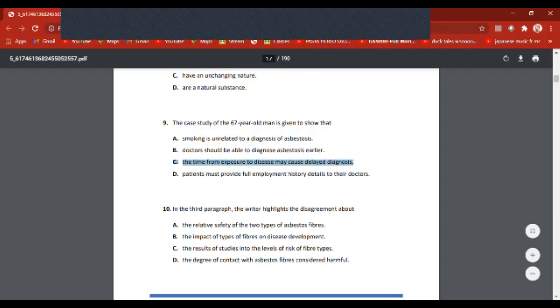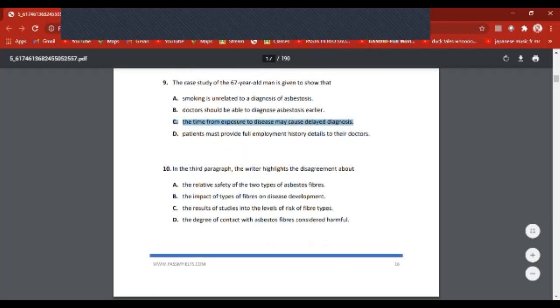Now let's go to the third paragraph. The writer highlights the disagreement about something. First, the relative safety of the two types of asbestos fibers, which means how safe they are.